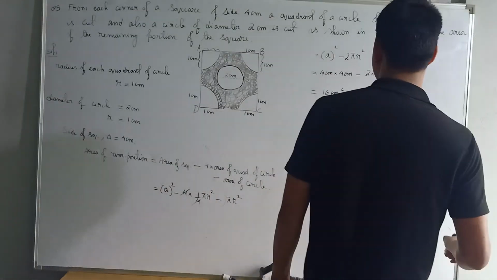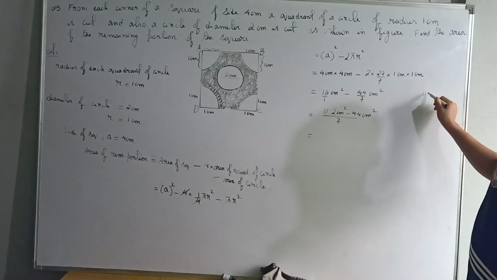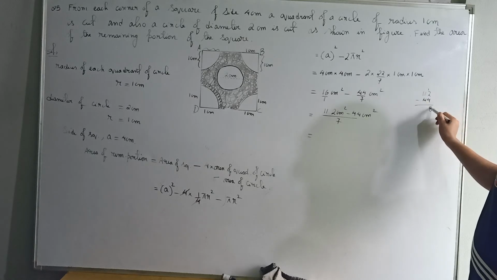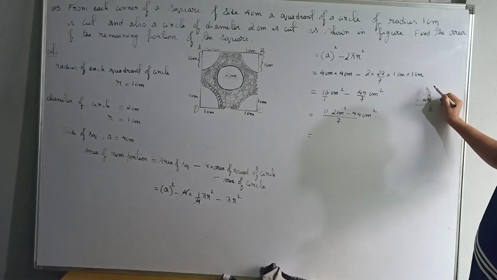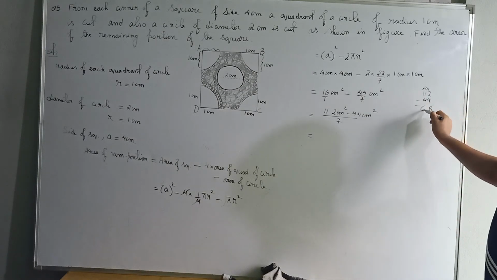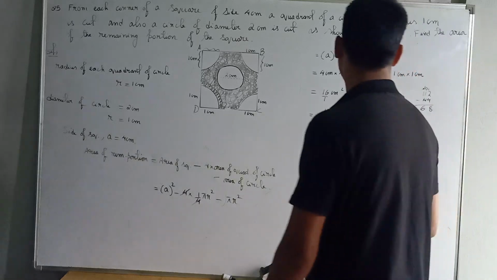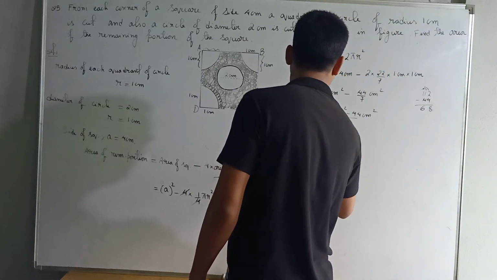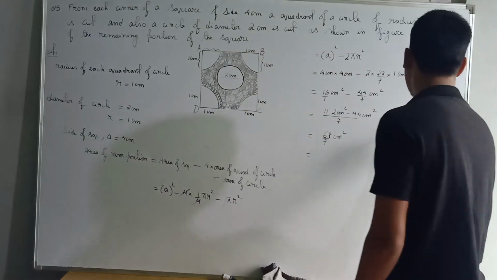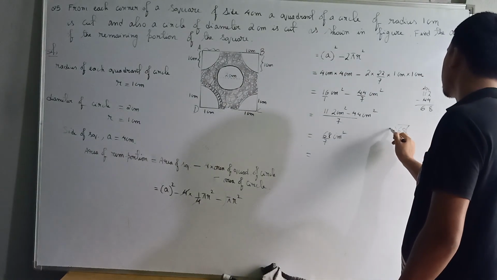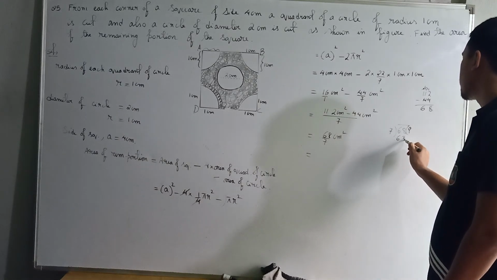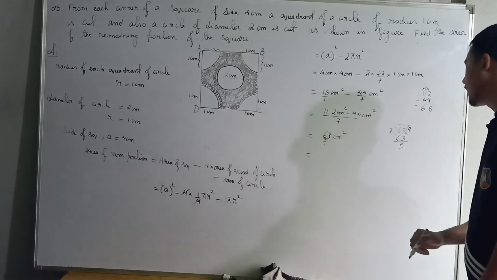If we subtract them, 112 minus 44: 12 minus 4 is 8, we have 0 over here so we take 10, 10 minus 4 is 6, giving 68/7 square centimeter. If we divide 68 by 7, 7 times 9 is 63, we have 5 in hand.